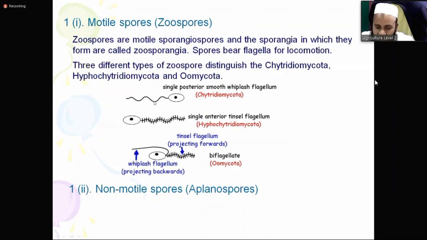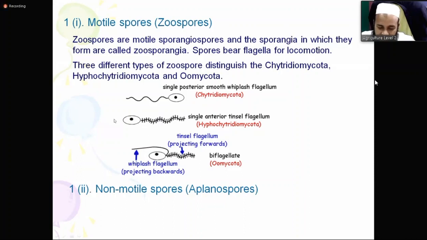Smooth means no thorns, not furcated. If they are smooth, we can call them whiplash. Understand? Smooth whiplash means no thorns or roughness. So single, posterior, smooth, whiplash flagellum. This is the example of Chytridiomycota.